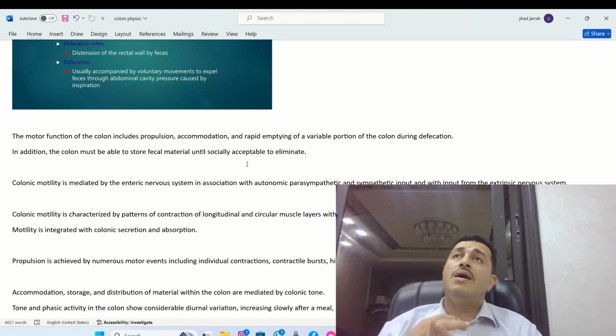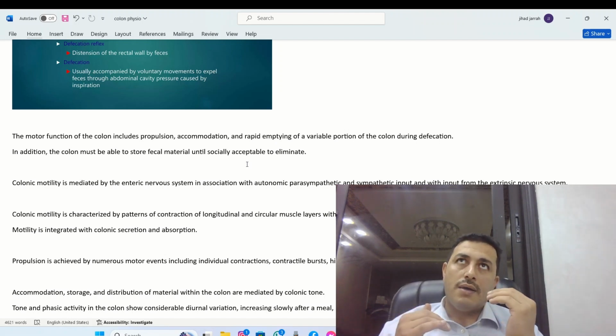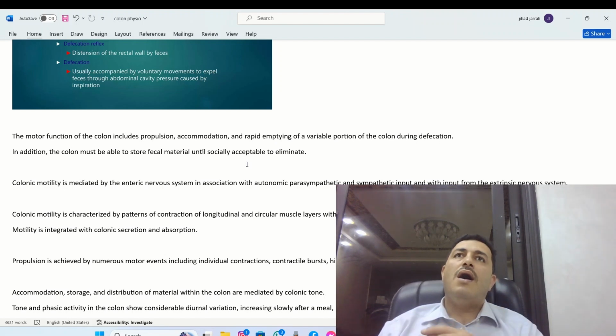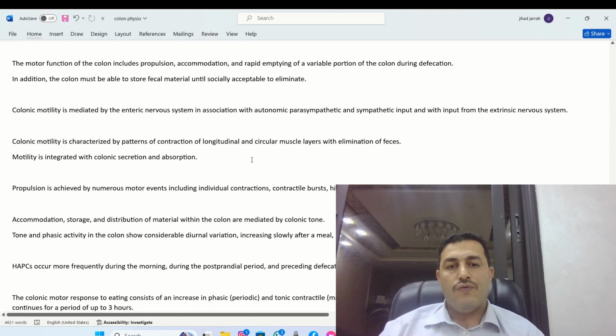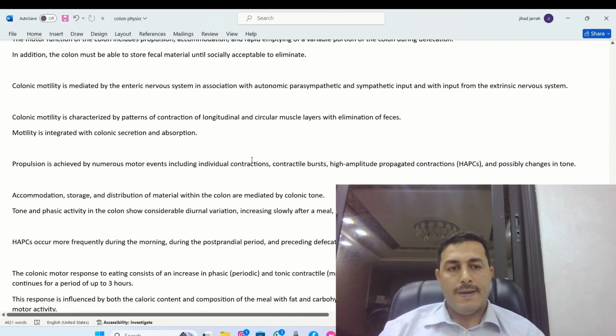For example, high carbohydrate and fat content will increase the tone, while protein and amino acids will decrease the tone of the colon.